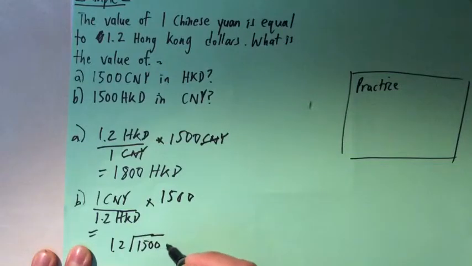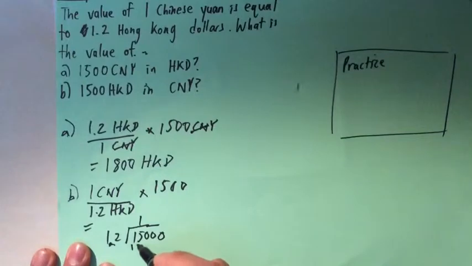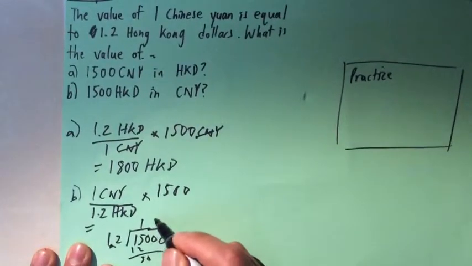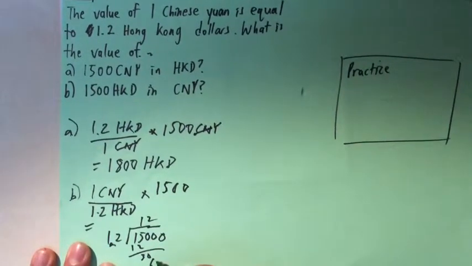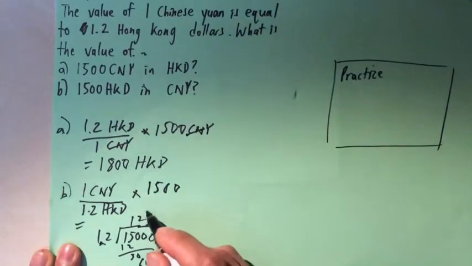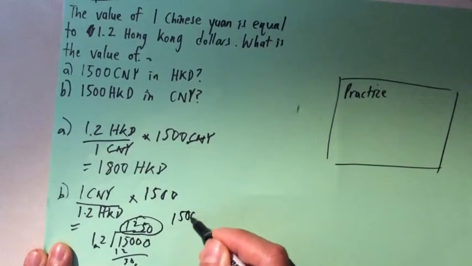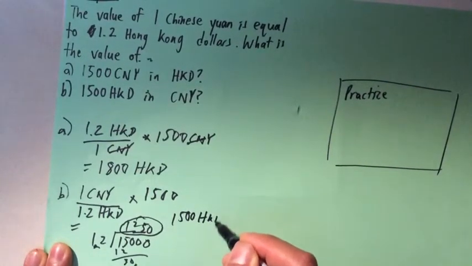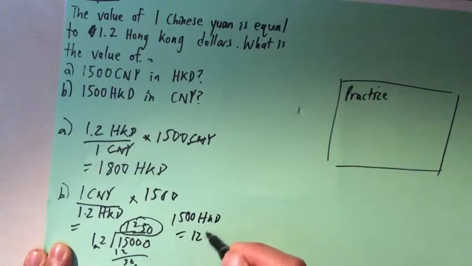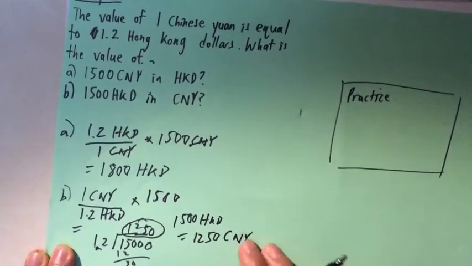Okay. We add a 0, get rid of the decimal place. 1, 12, 30, 5, 0. So 1,500 Hong Kong dollars equals 1,250 Chinese yuan. Okay.